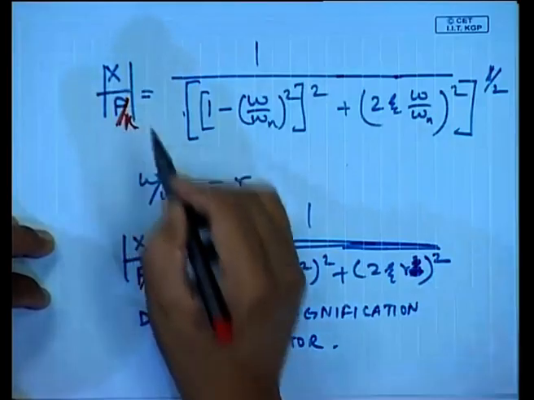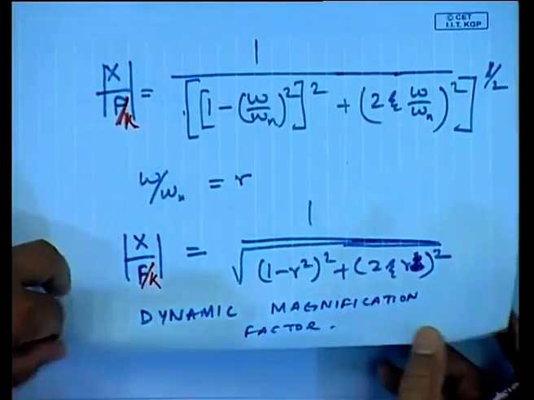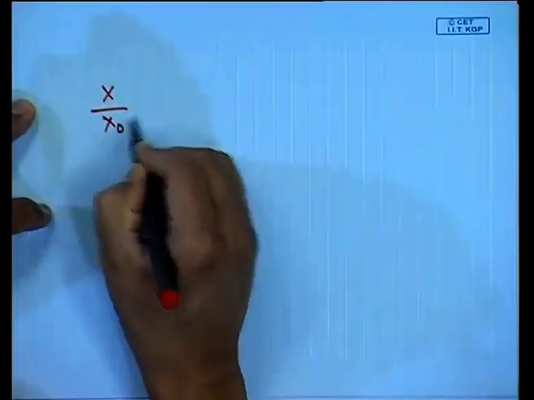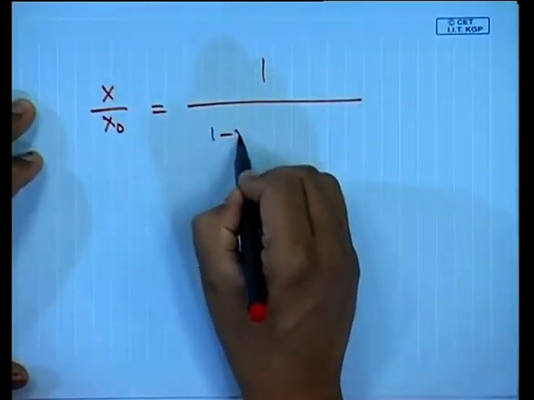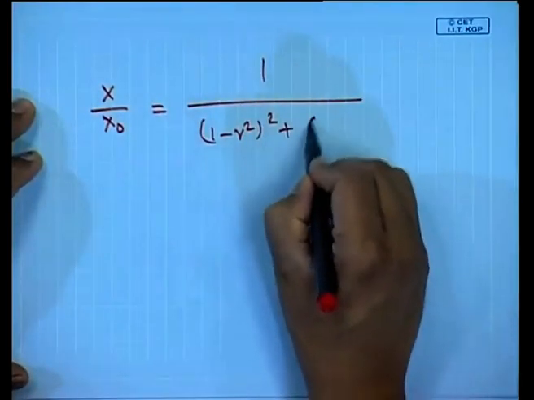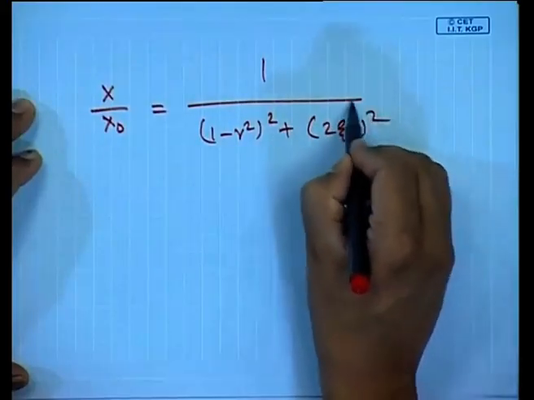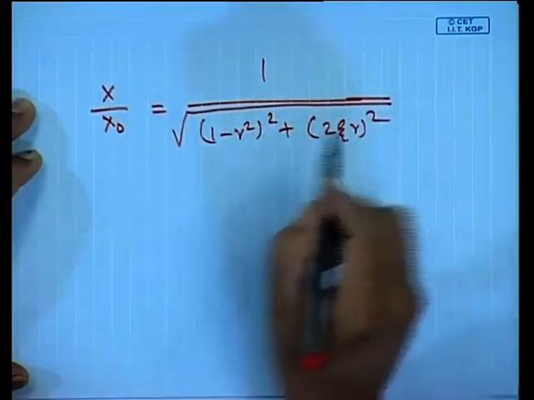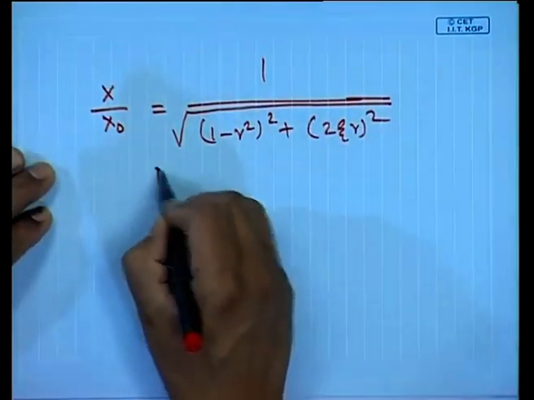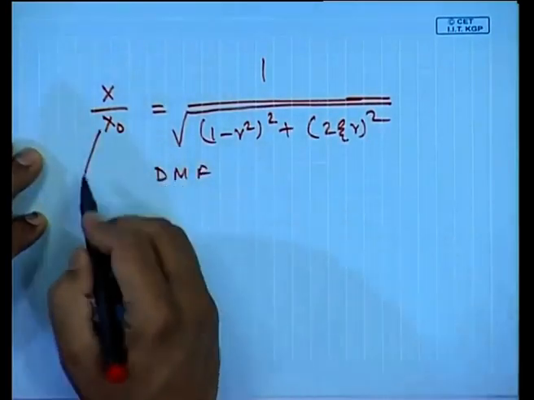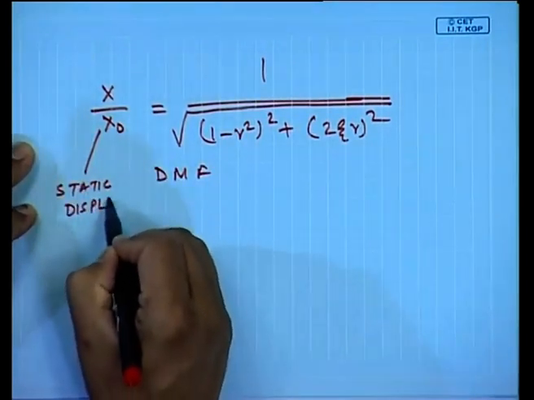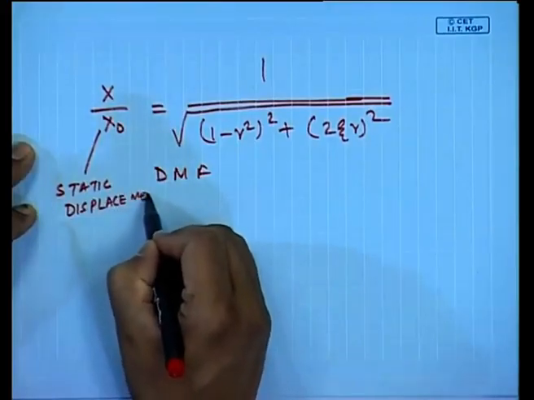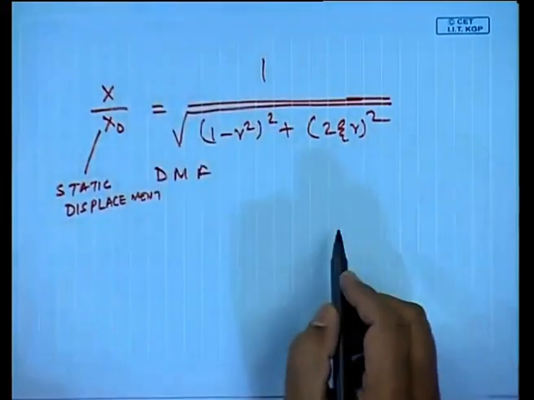Let me make a correction: it is f by k. So, in fact, I will write it again. So x by x naught is given by 1 by the square root of 1 minus r square whole square plus twice zeta r whole square, and this is what is known as the dynamic magnification factor, where x naught is the static displacement and x is the dynamic displacement.